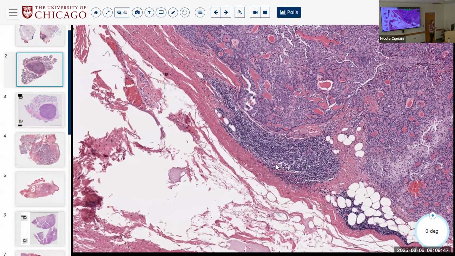Secondly, you can have benign salivary tissue intermingling with lymph node tissue, and you can get tumors arising in that context, right? So you could have a tumor arising in or adjacent to a lymph node simply because of this intermingling of tissue. So that's two. Three, it could be metastasis to an intraparotid lymph node.